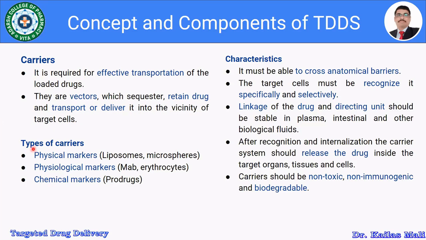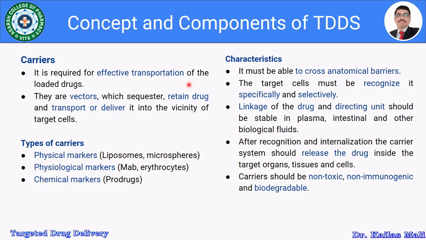There are three types of carriers. Very first is the physical carriers, like liposomes and microspheres. Second is the physiological carriers, for example, monoclonal antibodies and erythrocytes. And third is the chemical carriers, that is the prodrug.